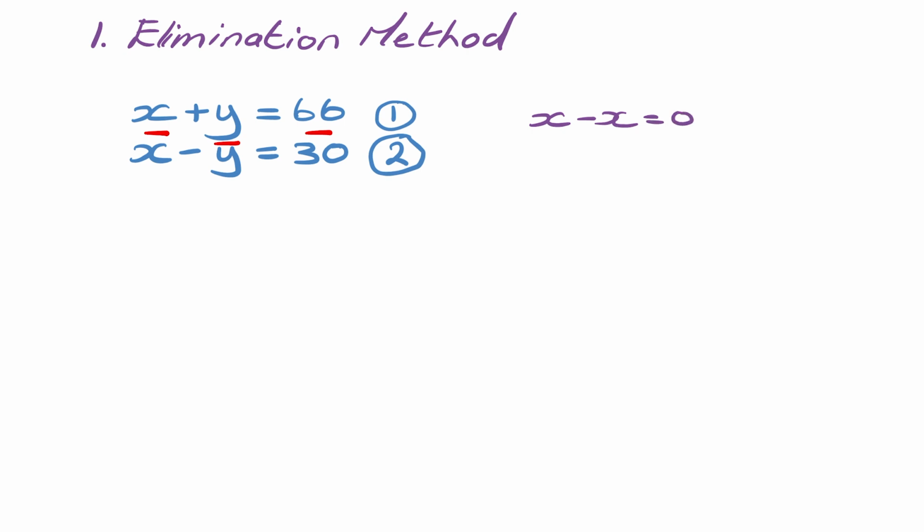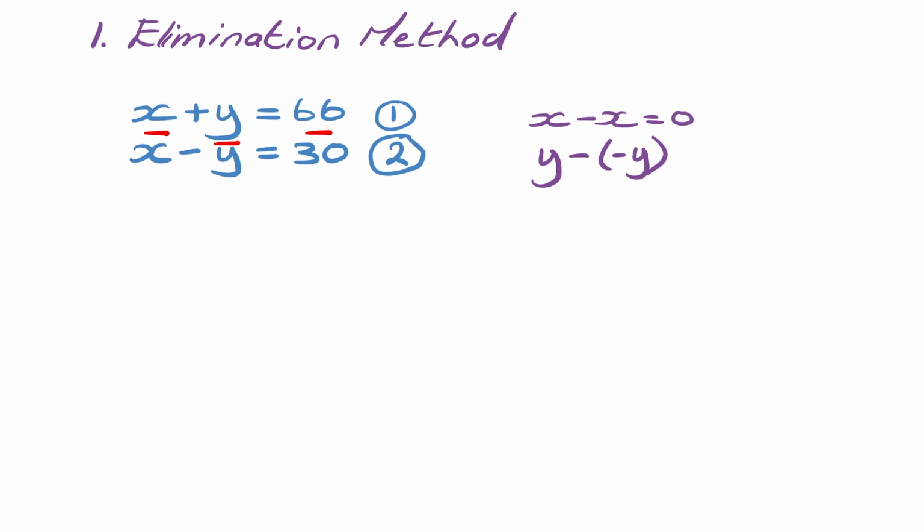The next one is your y terms, and don't forget the signs that are in front of them because that does change things. And here you have y minus a negative y, and do pop that negative y in brackets, or you may call it parentheses wherever you are in the world. But the reason you put it in brackets, you can't have these two signs next to each other like that. You do need to separate them with this bracket.